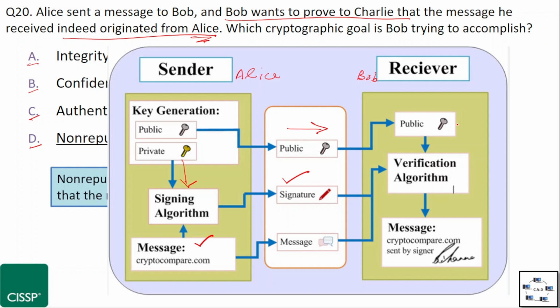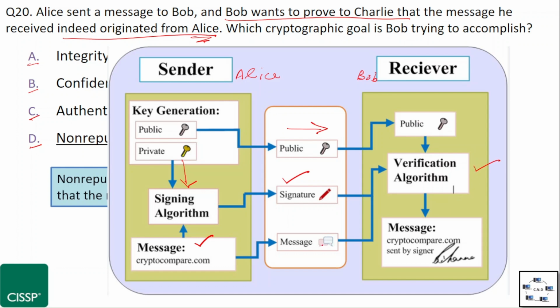When Bob receives the message, remember the feature of the public and private key pair: when you encrypt a message with a public key, it can only be decrypted with the private key of the pair, and if you encrypt it with the private key, it can only be decrypted with the public key. So when the signature is received by Bob, since Bob has the public key of Alice, he will use the public key to decrypt it.